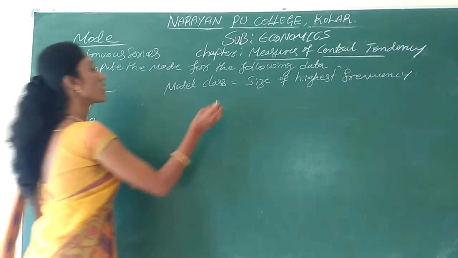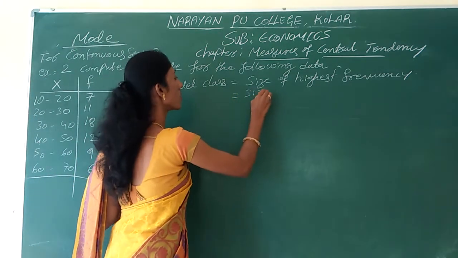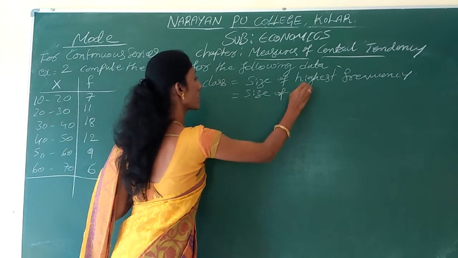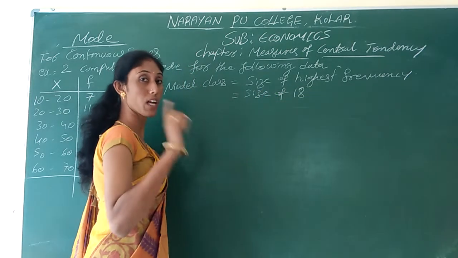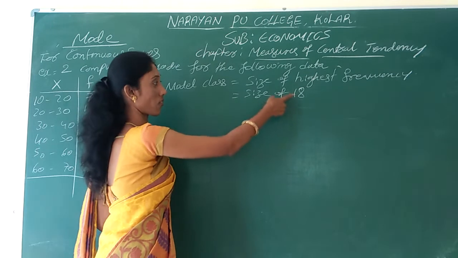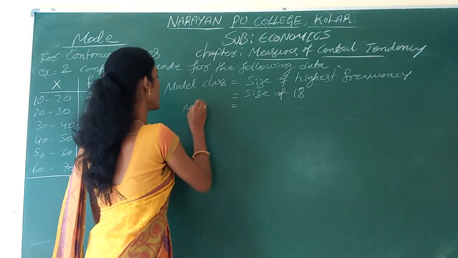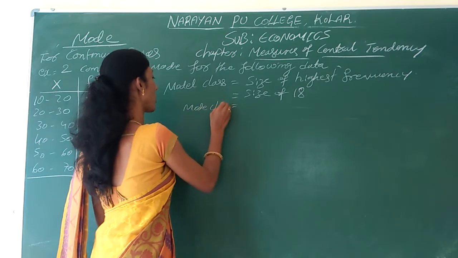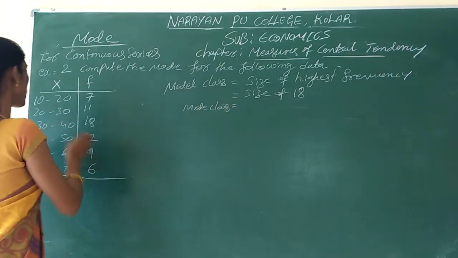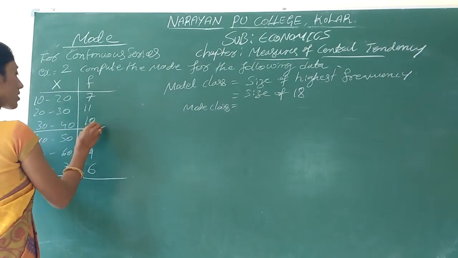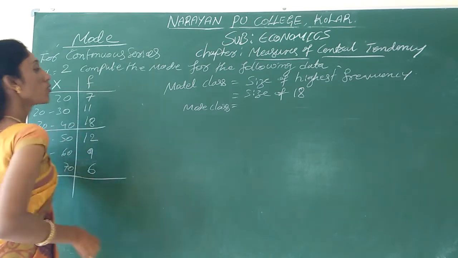Then the size of the 18 frequency will be the mode class. Mode class equals the class corresponding to this 18, which is 30 to 40.